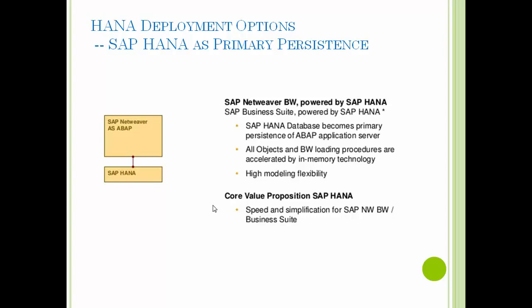This feature eliminates the need of a separate instance for SAP NetWeaver BW Accelerator, thus using SAP HANA database as a primary RDBMS.